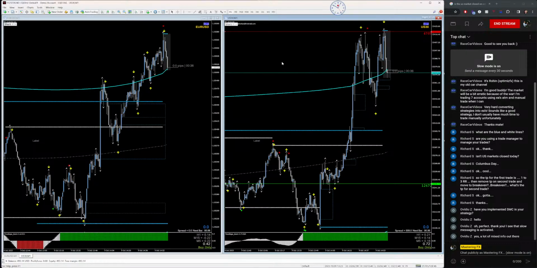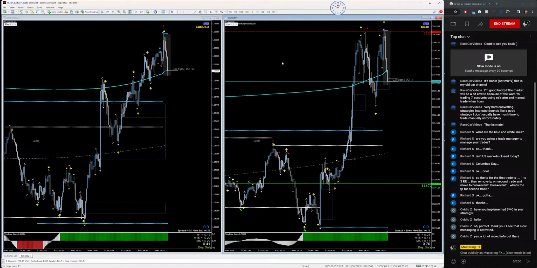So what I mostly use, if you're familiar with ICT concepts, is the theory of liquidity sweep, because that's uniquely the same across the board with all the videos that explain it. They all need some liquidity sweep first.